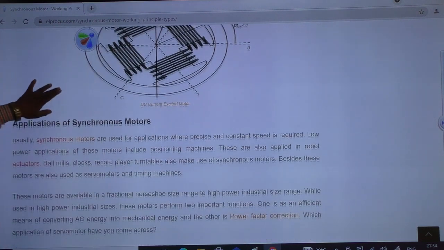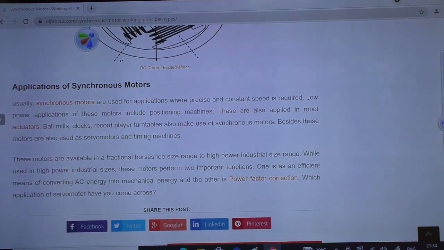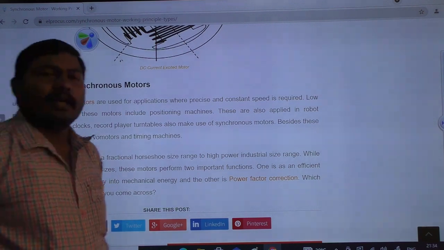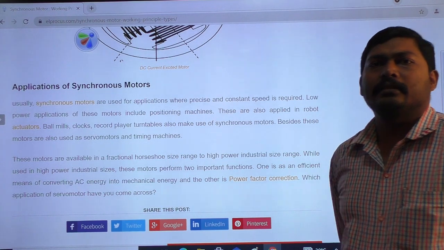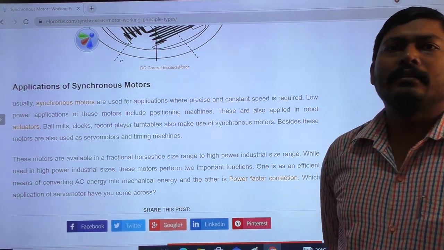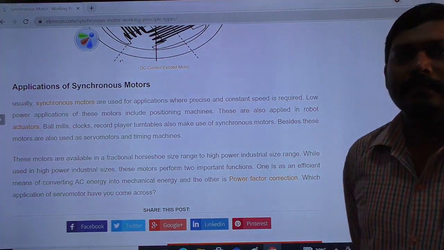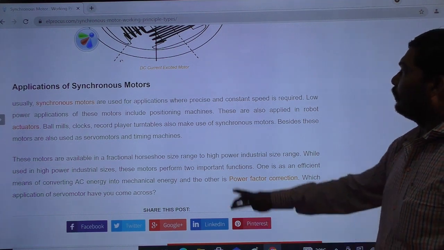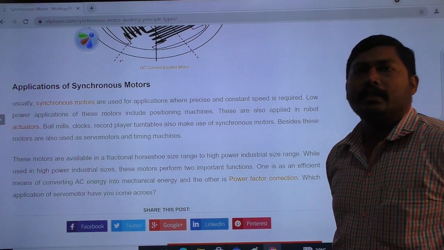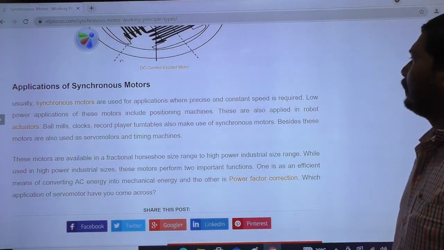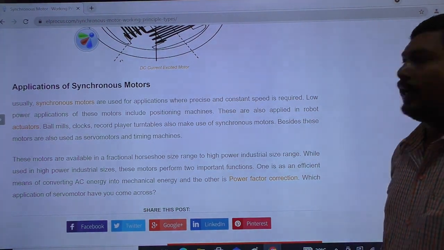Now the applications of synchronous motor. These synchronous motors are widely used for power factor correction in industries where it is hugely necessary. They are used where precise and constant speed is required.